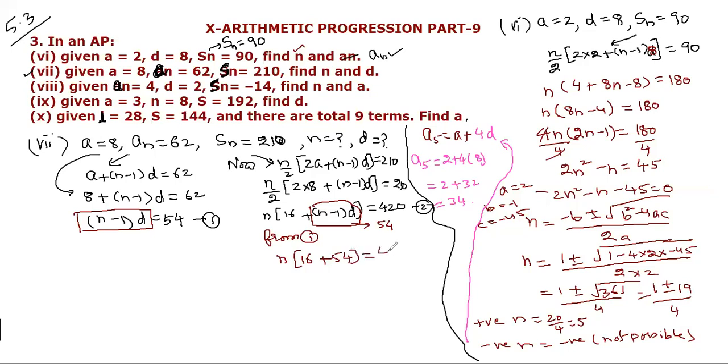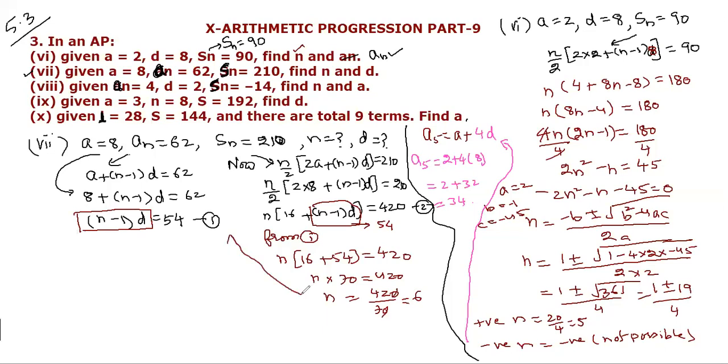So in this way we can get the value of n easily. 16 plus 54 is 70. So n into 70 is equal to 420. And n is equal to 420 divided by 70, that is 6.